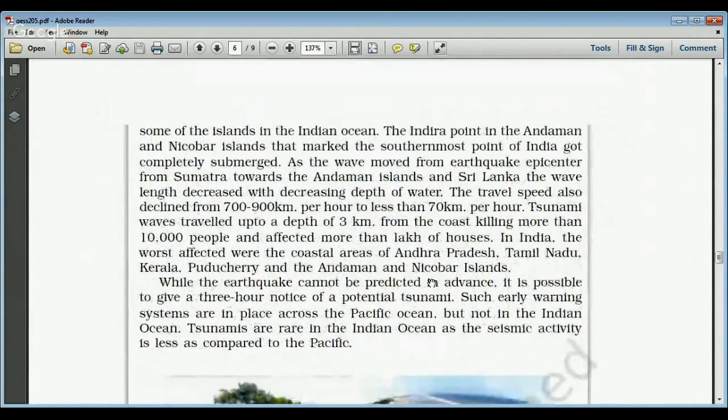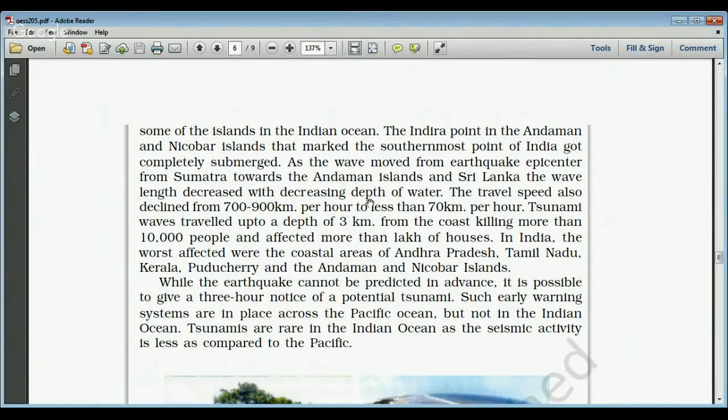We have already seen that the Indira Point in the Andaman and Nicobar Islands, which marked the southernmost point of India, got completely submerged. So please remember this fact: the Indira Point got completely submerged during the 26th December 2004 tsunami. So now the southernmost point of India is not this Indira Point.